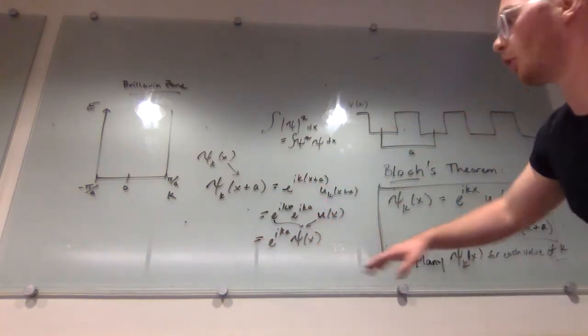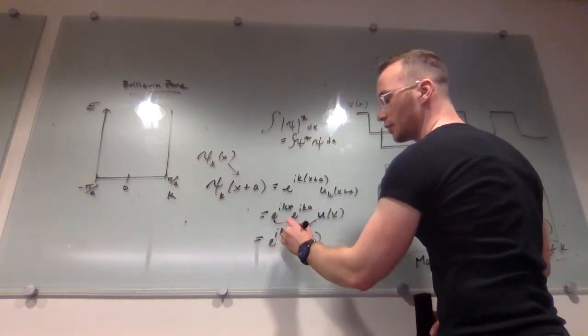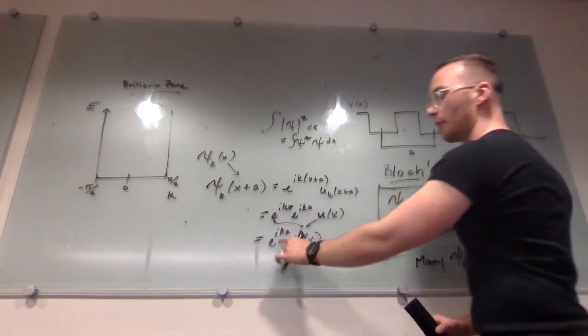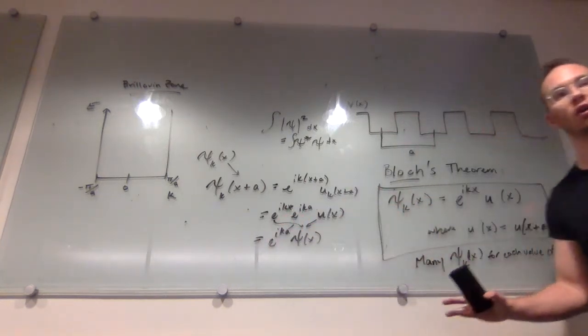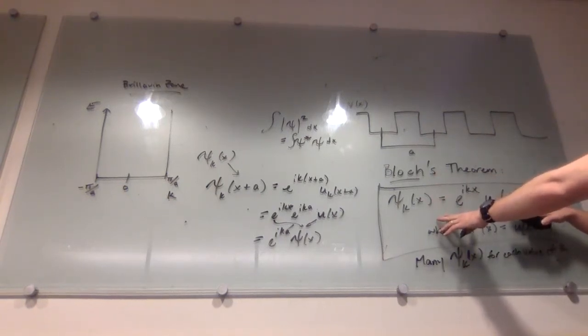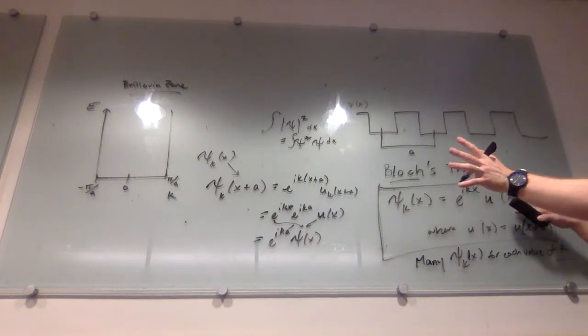If you have e to the i times a regular number, not a function, it doesn't affect the wave function at all. The whole point is just to prove this is true. If you already believe this, it doesn't matter too much.